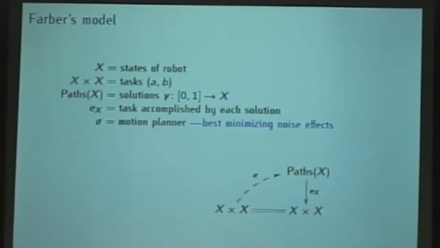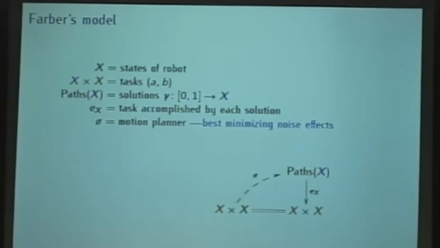In this sense, you can think of the Cartesian product of X with itself as the space of tasks. Namely, a task will be represented by a pair of points, A, B, where A is the initial position of the robot and B is the final position of the robot. So somehow you're concentrating on the path motion planning problem.